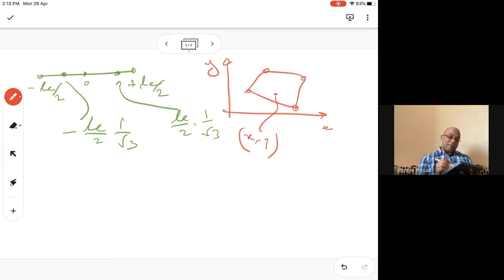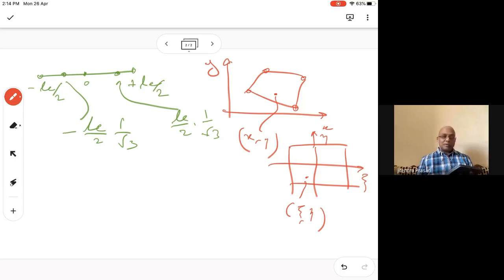Since we have an isoparametric element, we have this xi and eta system. So how do we identify the corresponding xi and eta? We don't know how to do it.